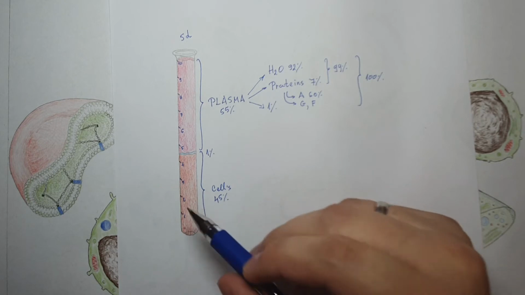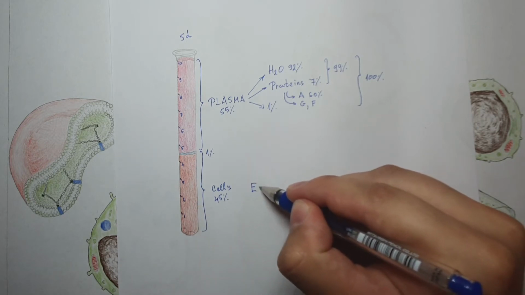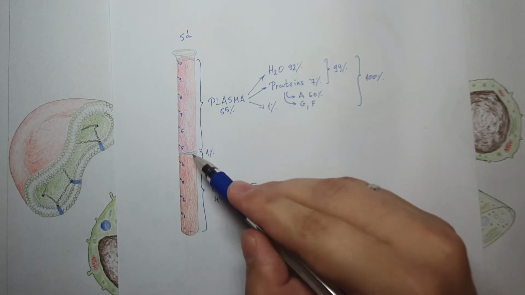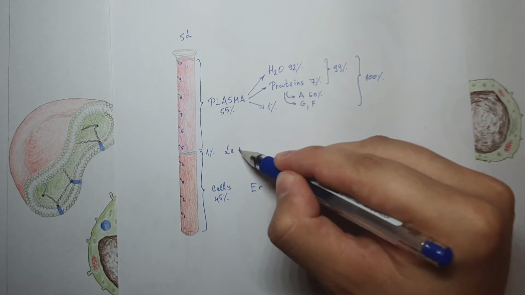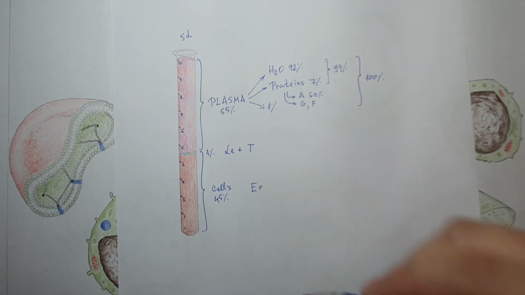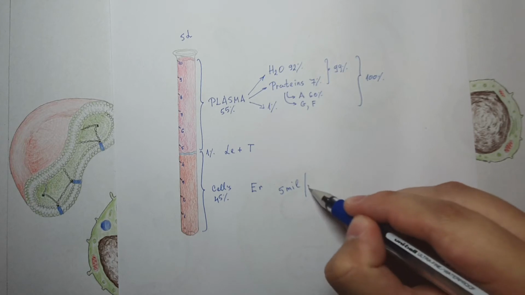When it comes to the cellular part, the important part is these 45%. They are representing the hematocrit or the erythrocytes. This 1%, it is actually representing leukocytes plus thrombocytes. In an average human, in a cubic millimeter of blood, there are about 5 million erythrocytes.